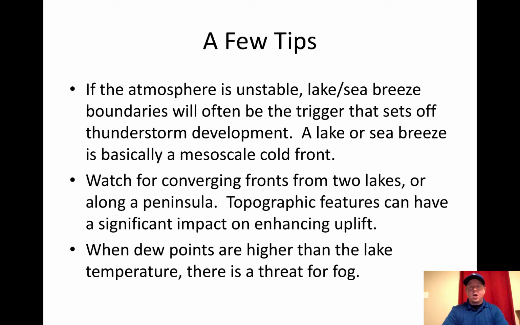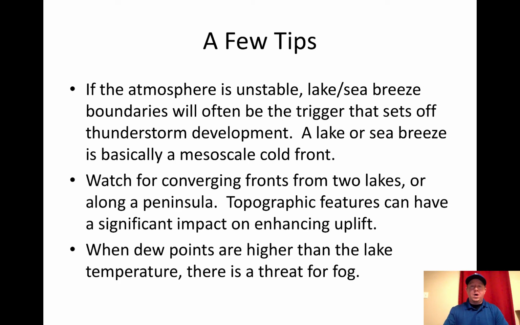Also, sometimes you have multiple lake or sea breezes, and a lot of times they will come together. And when those two boundaries come together, they can trigger thunderstorms. Now, you can get thunderstorms triggered by a single boundary, but I've seen when you get multiple boundary interaction that you can take a thunderstorm that's just a strong storm and turn it tornadic for a brief time.